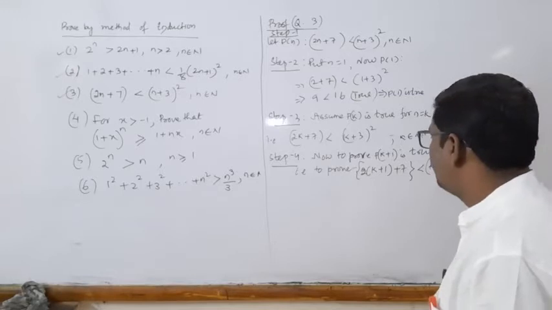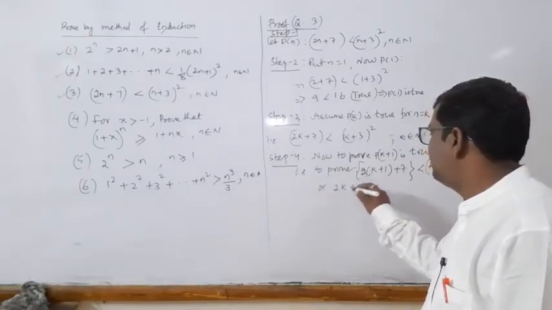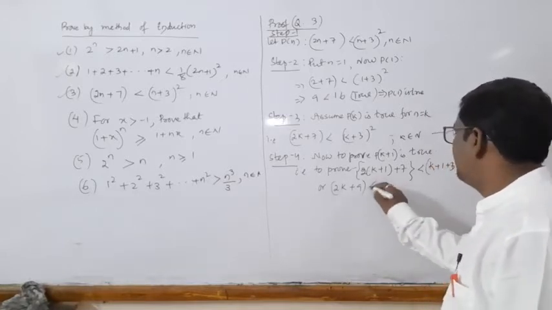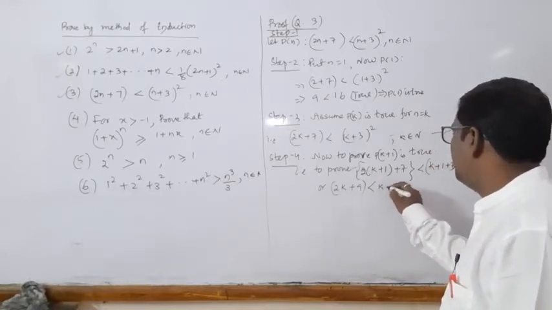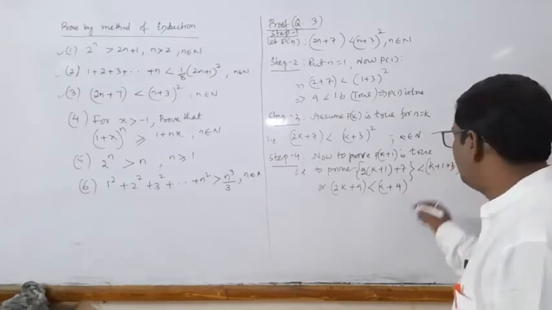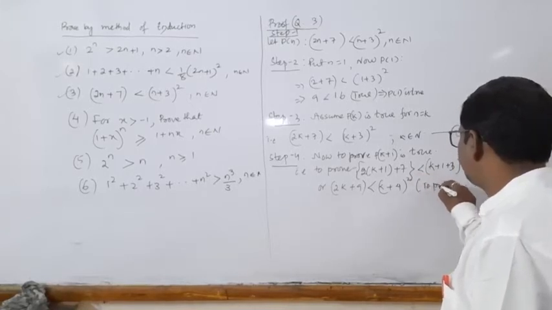That is, 2k plus 9 is less than (k plus 4) whole square. To prove this.